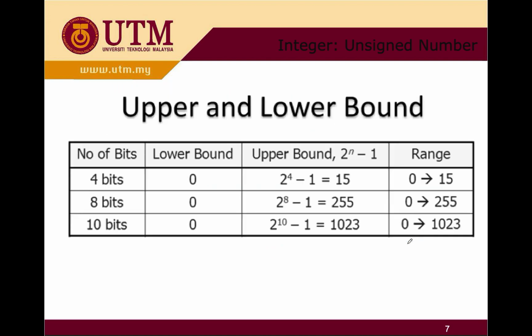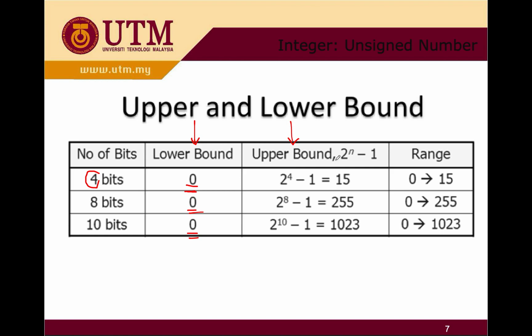Over here, this is still under unsigned numbers, which have an upper and lower bound. Let's say you have 4 bits. The lower bound, which is the minimum, as I mentioned, always starts from 0. And the maximum is the upper bound.